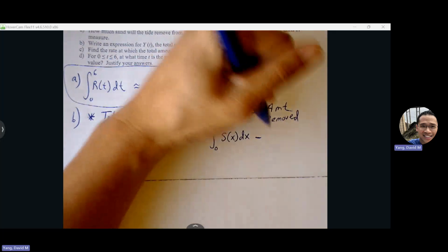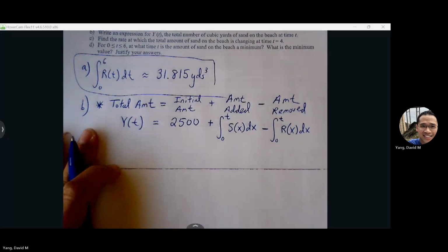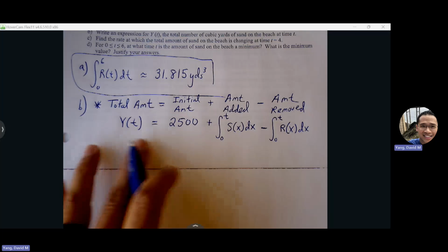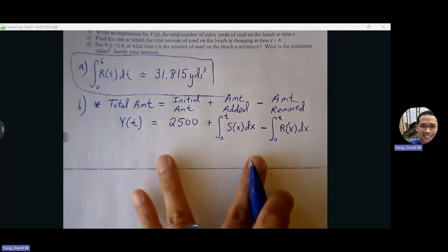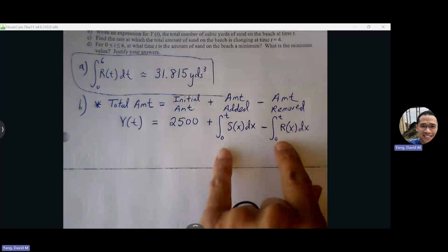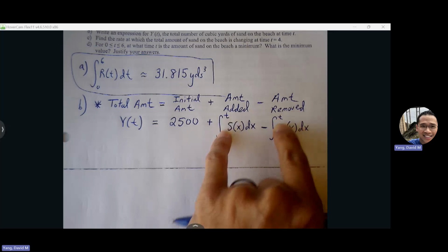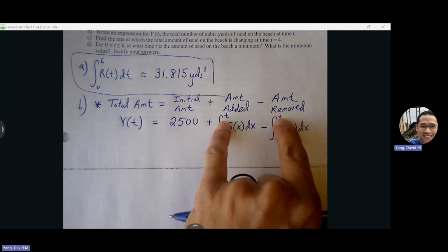And then we're going to subtract out the amount that's been removed involving r of t, which I'm going to call r of x. So this formula will allow us to figure out how much sand there is on the beach, whether 4 hours have passed, or 3 hours, or 5 hours.